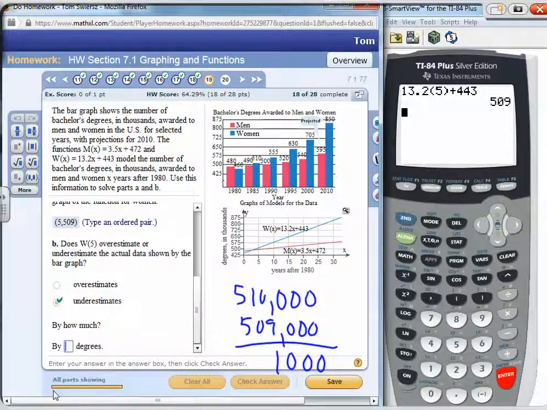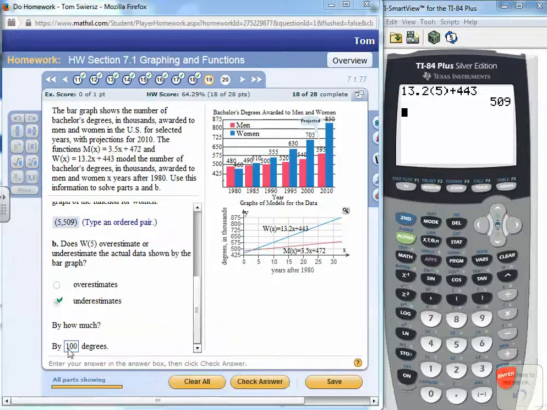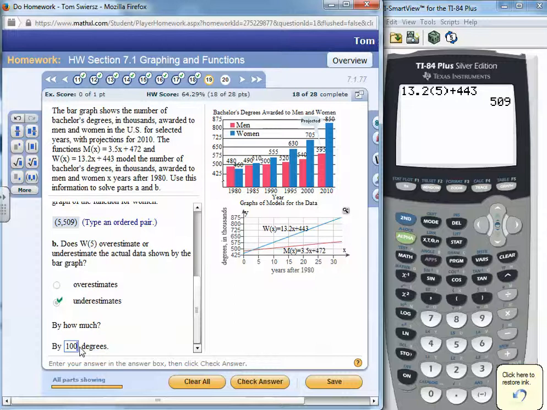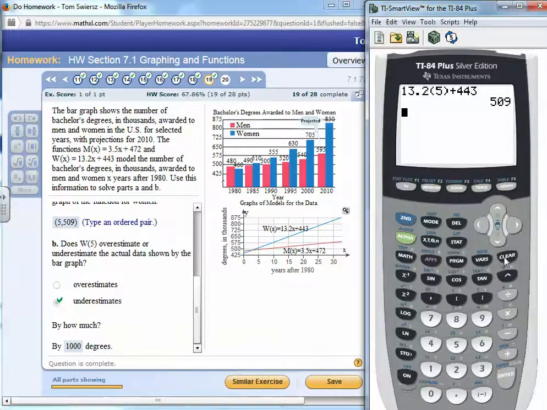The 1 stands for the number of thousands, so 1 would stand for 1,000. So be careful there. You've got to put the answer back in thousands. All right, very good.